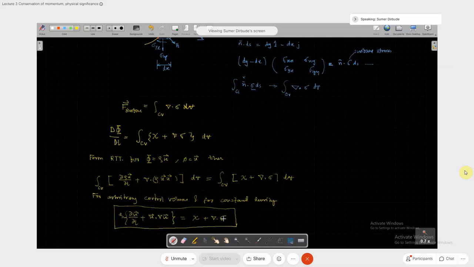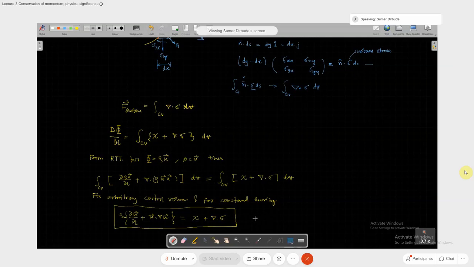Sigma is not a direct quantity; you cannot measure it directly, so you have to measure it indirectly. Somehow we want a relationship between sigma and u. Then this whole equation will be in the form of u.